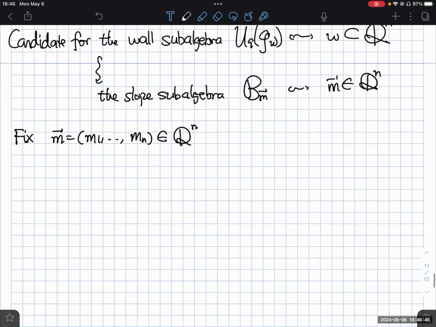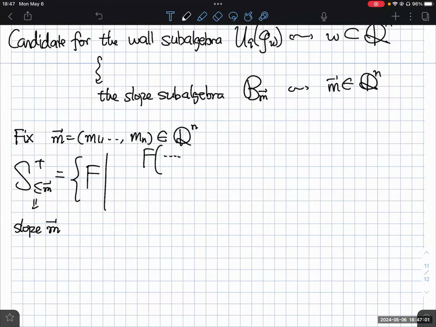And we define a subspace such that all of the functions are of slope n. It actually means the following thing: we have a rational function with color variables, and we take some of the color variables by some scaling.